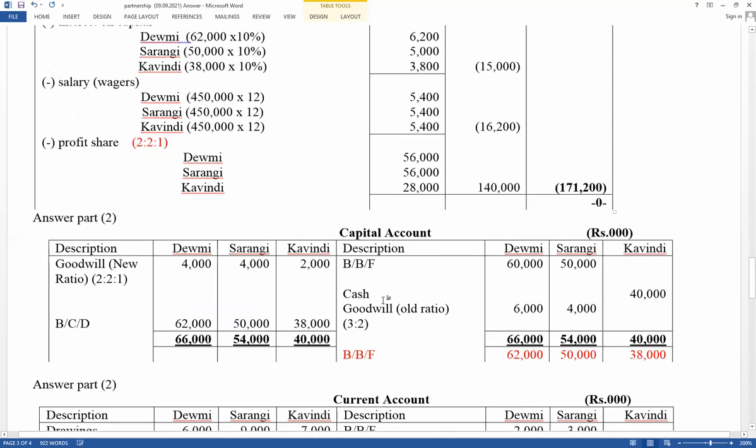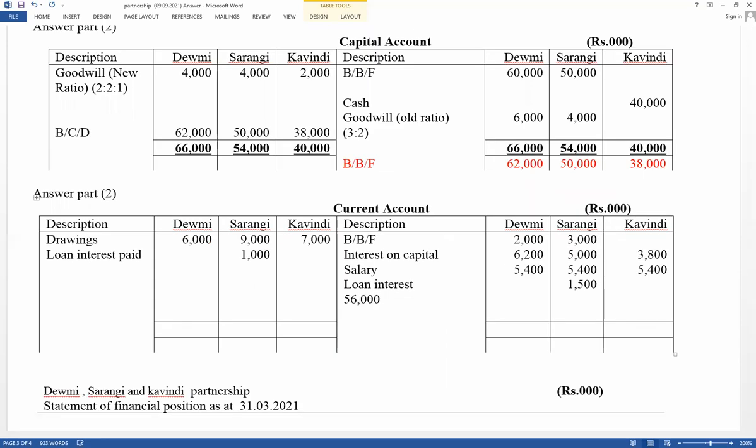Therefore, here 56,000 as a profit share, 56,000, and 28,000.